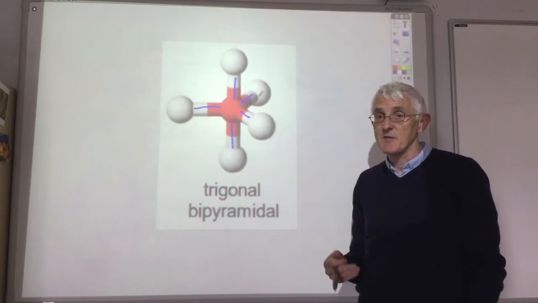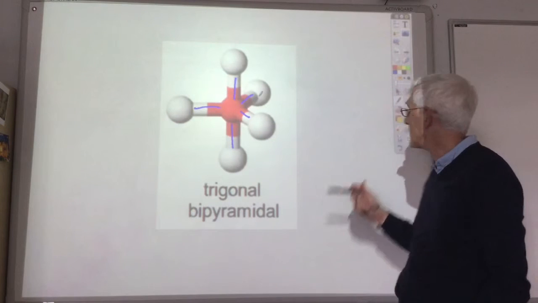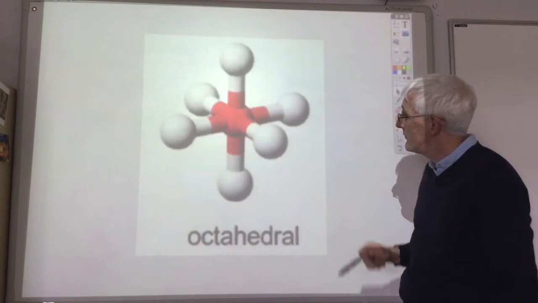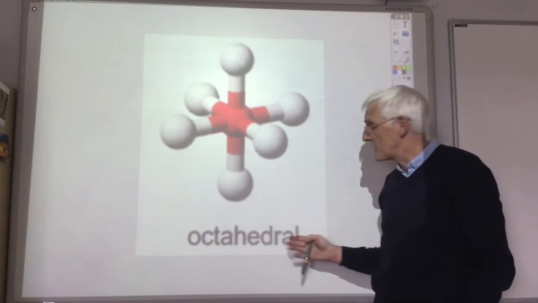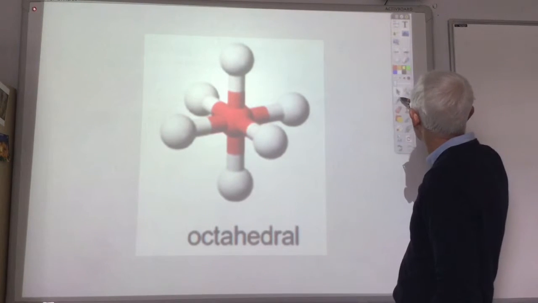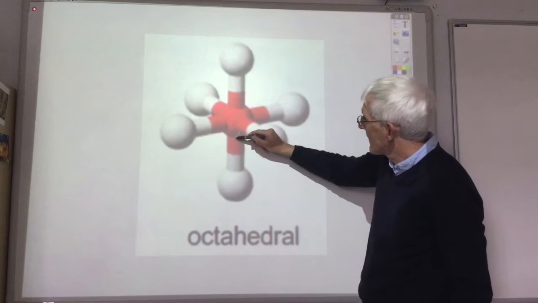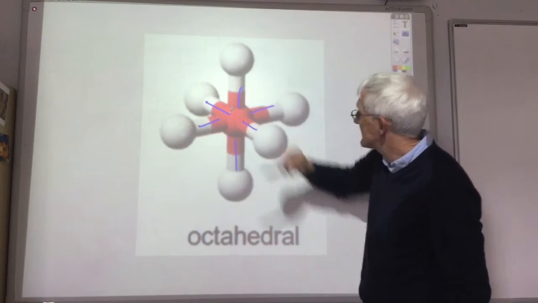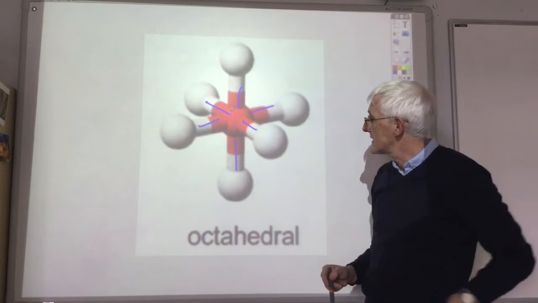And finally, the last one we'll look at will be if we've got 6 electron pairs, which rather confusingly is known as an octahedral shape. So 1, 2, 3, 4, 5, 6 different electron pairs.